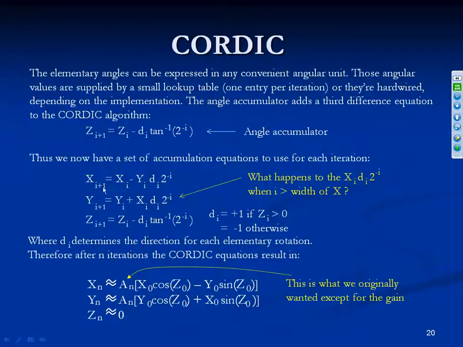So here we have our next x, I plus 1, is equal to our current x minus our current y times d, which is dependent upon the angle according to this right here. D sub I equals plus 1 if d sub I is greater than 0. Otherwise, it's minus 1. So y sub I times d sub I times 2 to the minus I. So what is that?